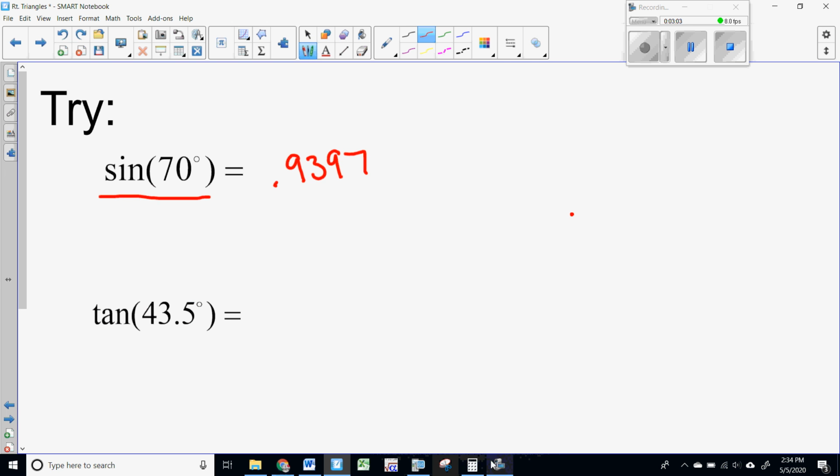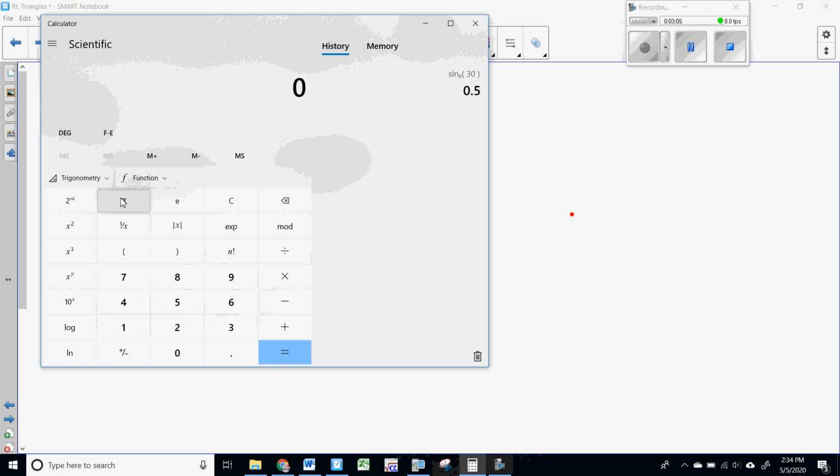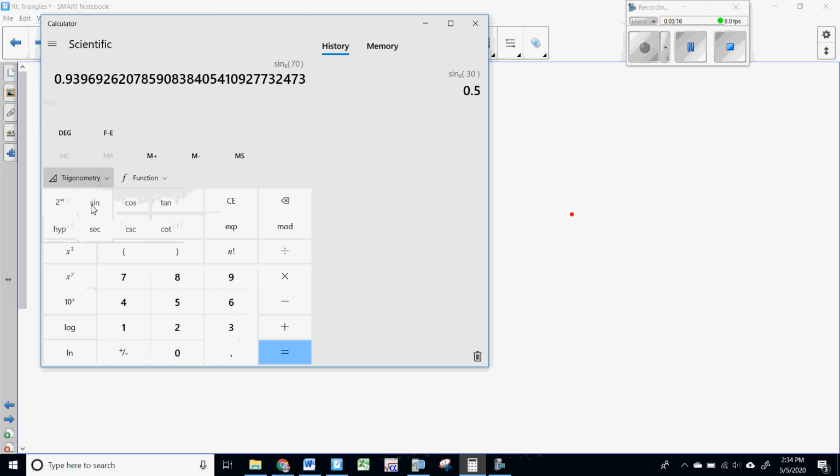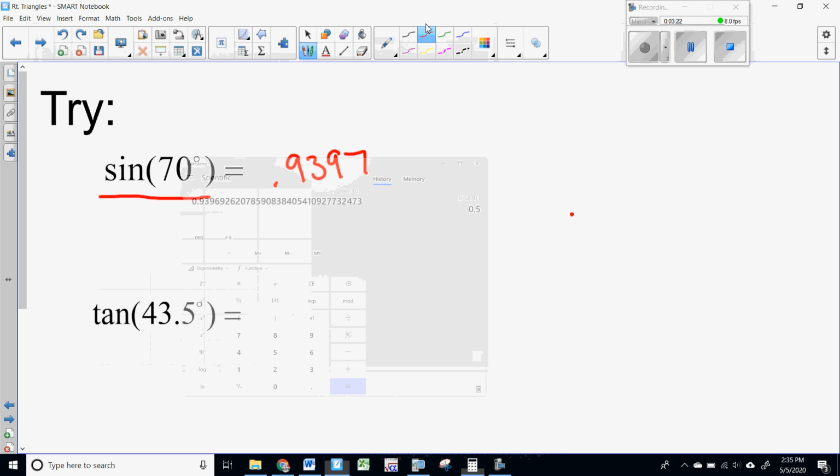Now, if we want to do it on this kind of calculator, it's different. I can't do sine first. That messes it up. With this calculator, I have to do 70, then click the sine button, and I get my answer of 0.9397. So you can do it on any kind of calculator. You can just type sine of 70 degrees into Google and get your answer.